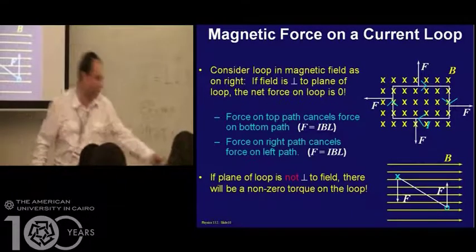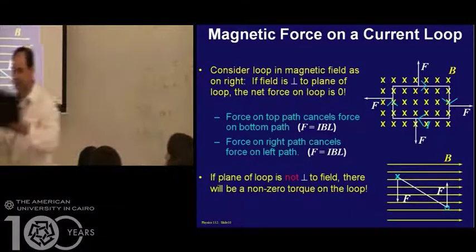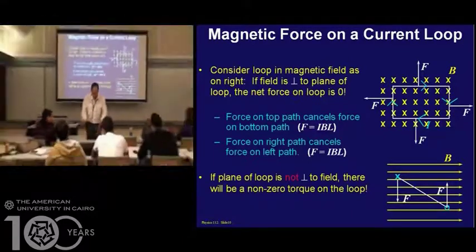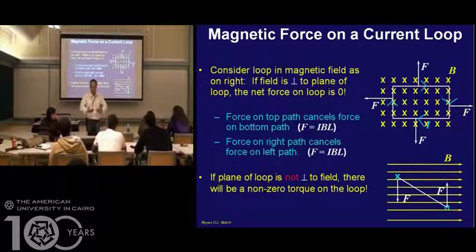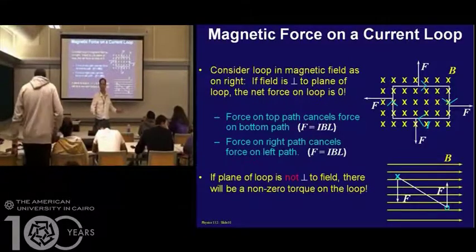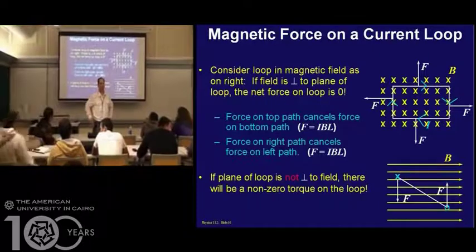So if this has a mass m, and I'm going to move it in that direction, if you double the mass, you will have more resistance to the motion. So mass is nothing but resistance to translational motion.